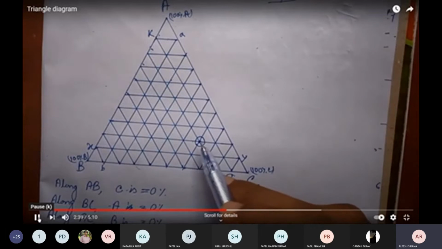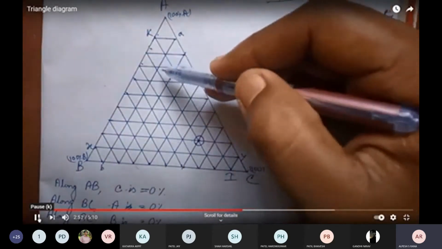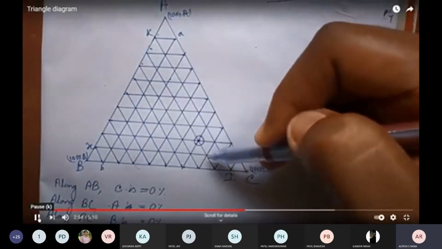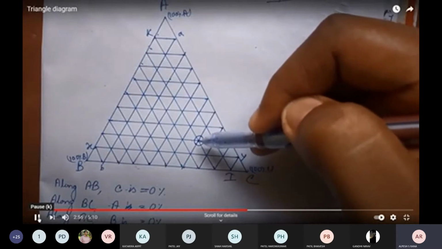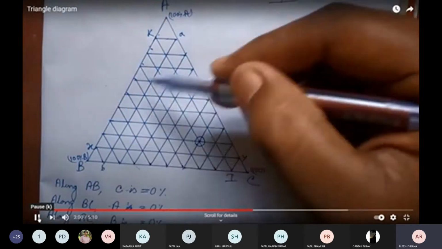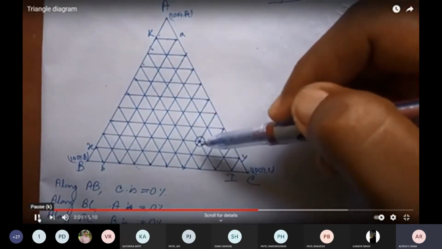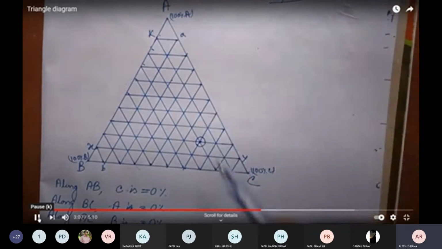At this point we can see there are intersections of the lines. Here is a line which is intersecting the point. This line represents the concentration of B, and along this line the concentration of B is 20%.